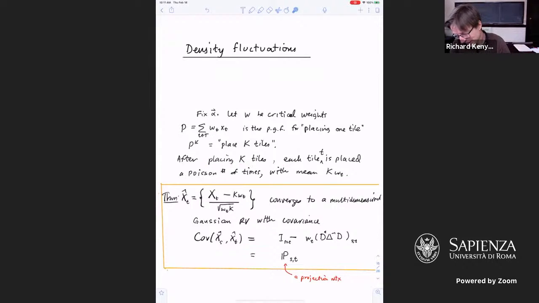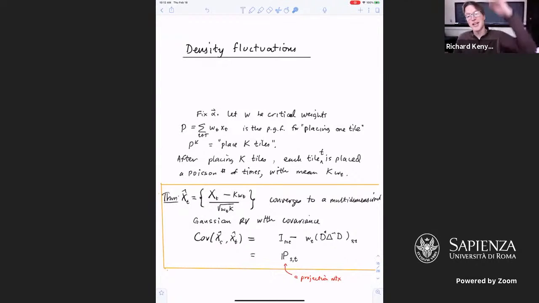You should think of each tile T as having some probability of being placed at each time. It's like the number of times we place each tile is a Poisson random variable with a certain mean, K times the weight. Here, I should scale all the weights to sum to 1 to make it a probability distribution.